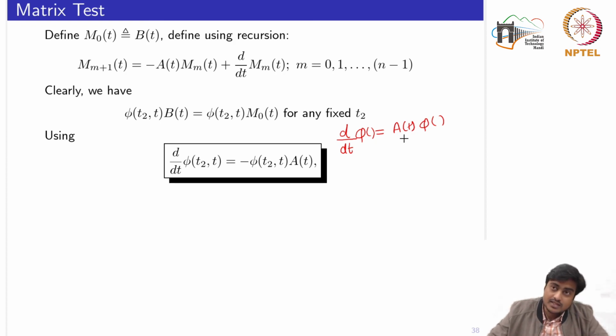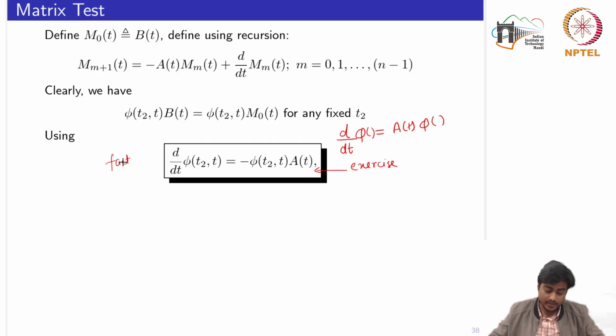But this standard property is different from this one. So I suggest that you take this as an exercise and show that the derivative of the state transition matrix with respect to t has this property. Starting from here, you come to this part, which you can prove by yourself.